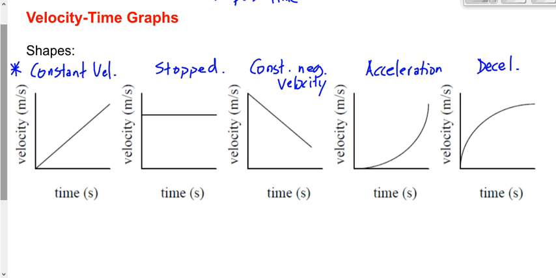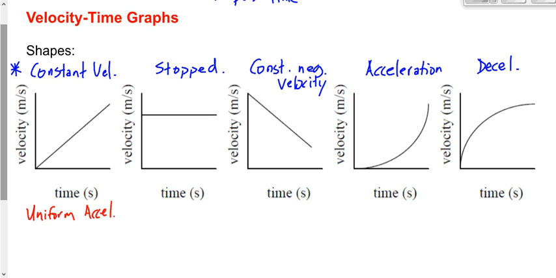Yeah, this is what we call constant acceleration, or usually in the context of acceleration, we call it uniform acceleration. But it means exactly the same thing as constant. So constant acceleration, uniform acceleration, constant velocity, uniform velocity, whatever. We just usually see the word constant with velocity and uniform with acceleration for some reason.